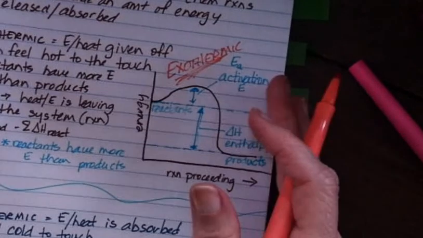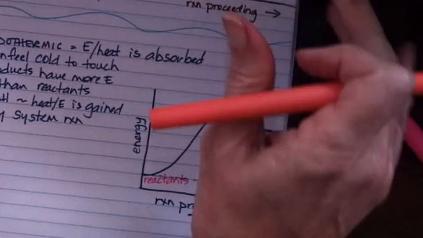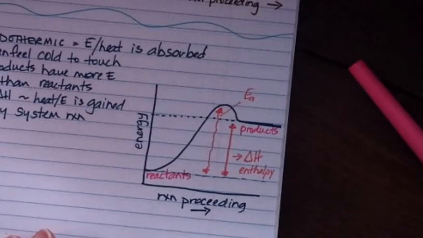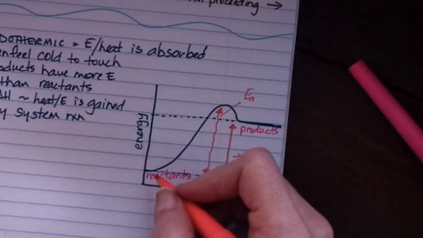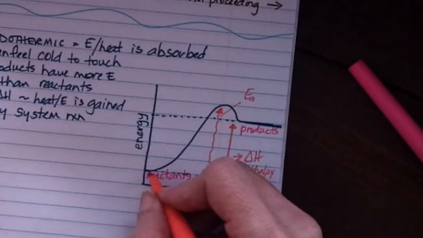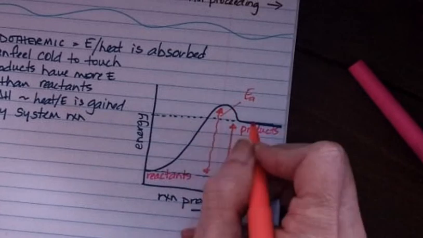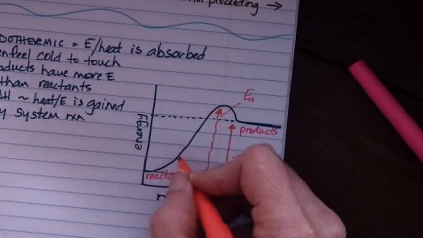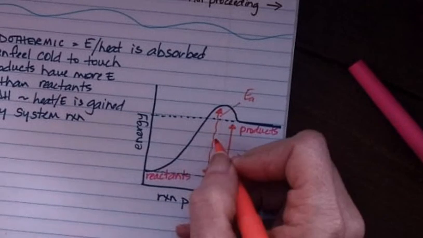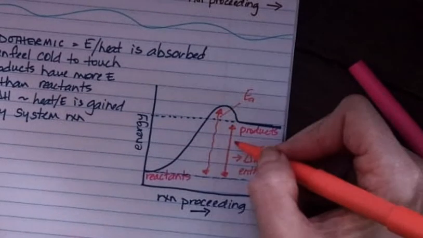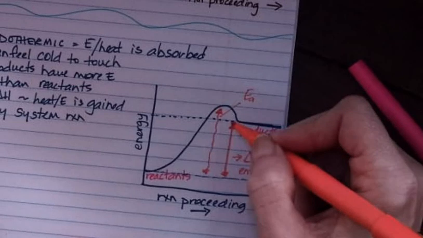Most of your endothermic reactions are not necessarily spontaneous. It means, hey, they're not going to go on their own. Now, it's not 100% that way, but many of them are. Most of these, when you have a graph that looks like this, we have to keep giving it energy the whole entire time to keep it going. So here's our activation energy. Here is the actual delta H, the energy associated with the chemical reaction.